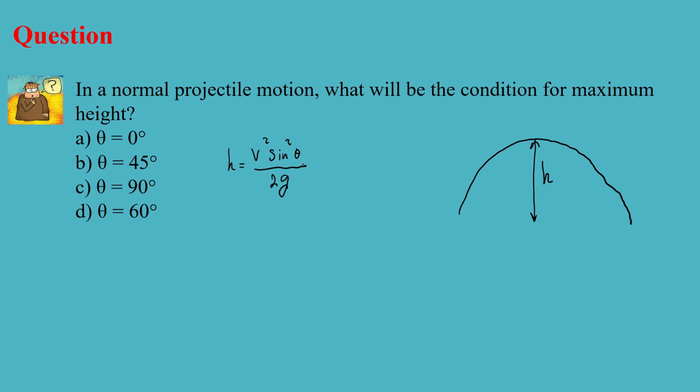Again, I need to play with sine. For the maximum, sine theta should be 1, right? So sine theta is equal to sine 90, and then my theta is equal to 90, correct? So my final answer is going to be C.